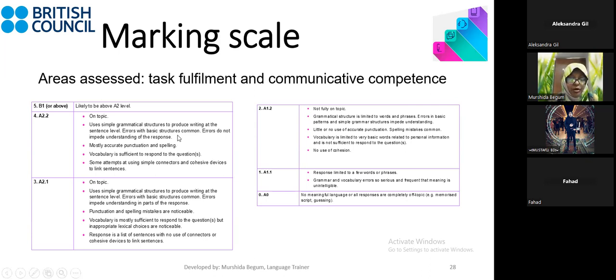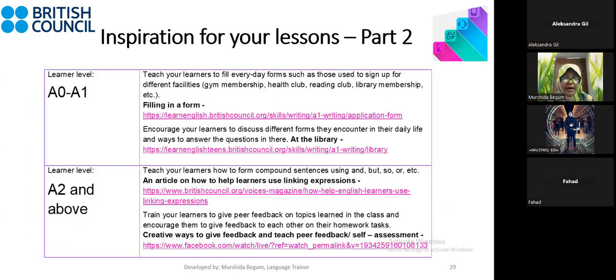So if all these are present in the writing, then the candidate is upper pre-intermediate, or likely to be a B1. If it is exceeding all this, then the candidate's response would be B1 level. All right. So that is about the marking scale.